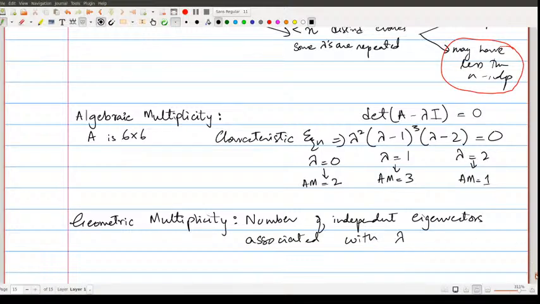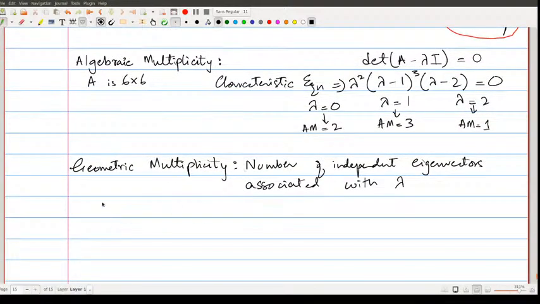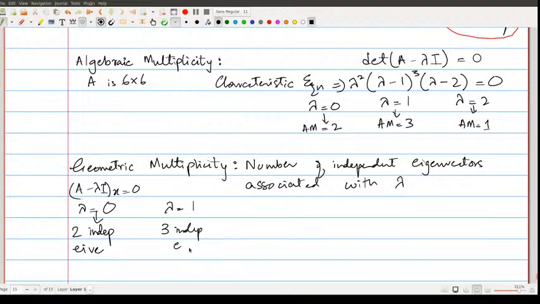For example, for lambda equals 0, I solved A minus lambda I times x equals 0, and I found 2 independent eigenvectors. With lambda equals 1, I found 3 independent eigenvectors. I'm taking the nice case right now. And for lambda equals 2, I found 1 eigenvector.